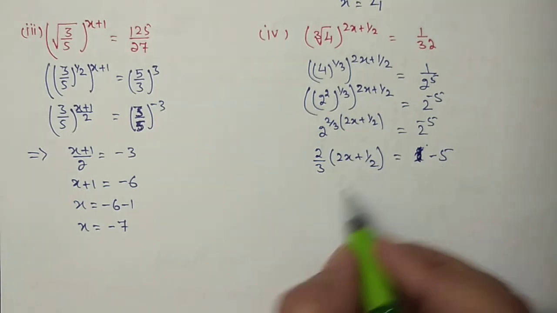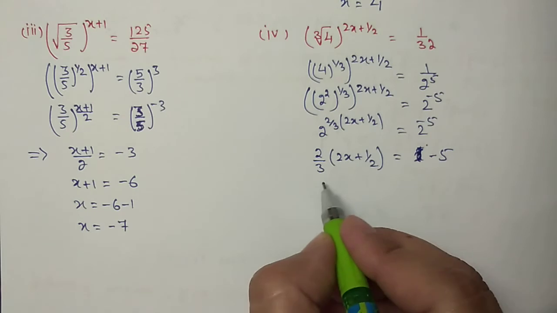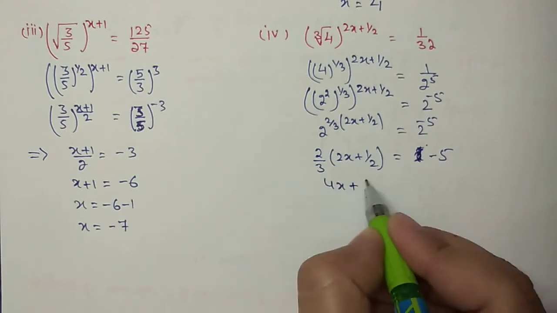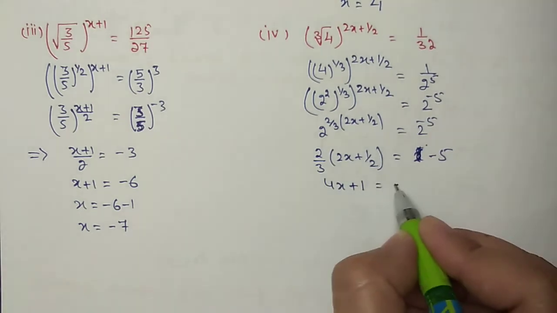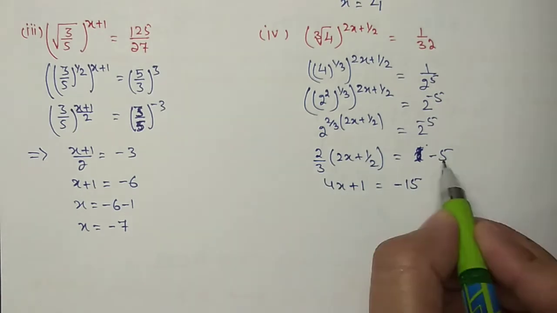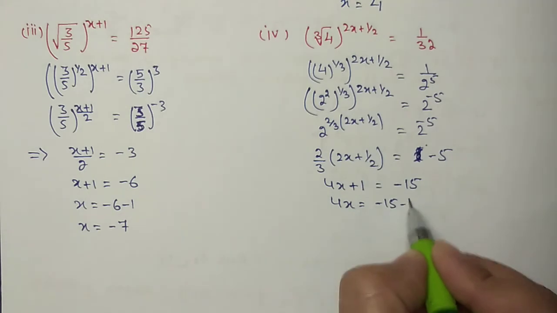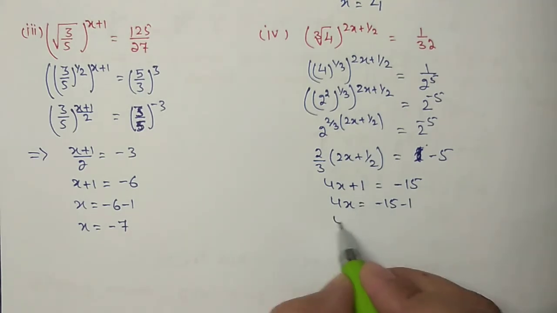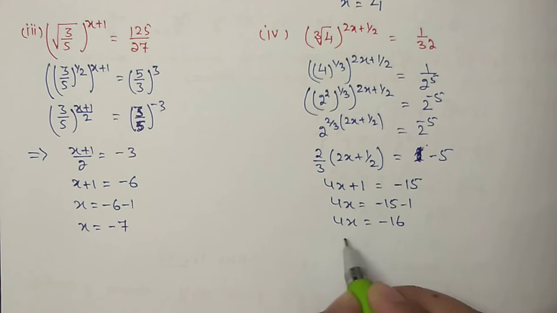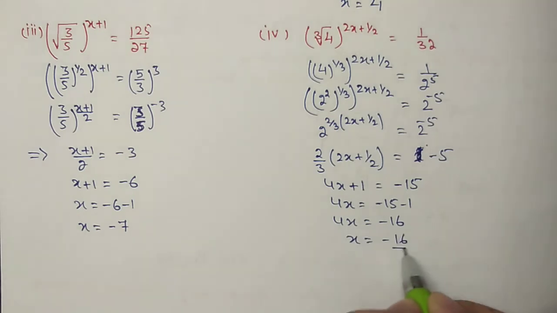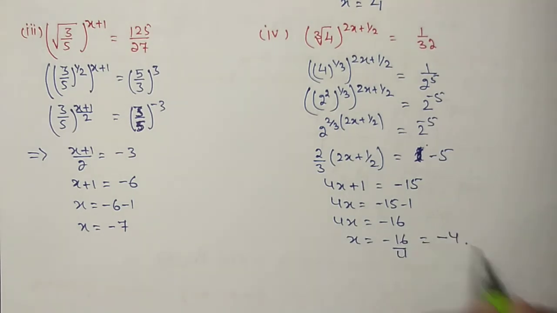So this 3 we can shift that side and 2 we can multiply inside. 4x plus 2 by 2 means 1 equal to minus 15. 3 will go for multiplication. So 4x equal to minus 15 minus 1. 4x equal to minus 16. X equal to minus 16 by 4 means minus 4.